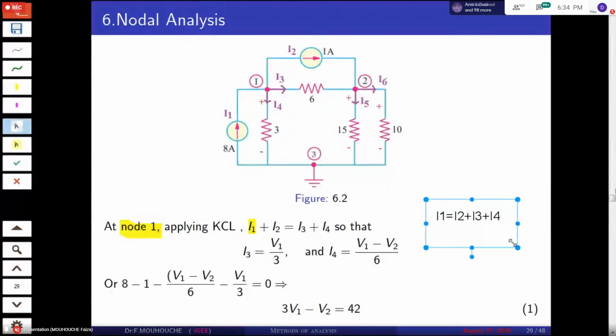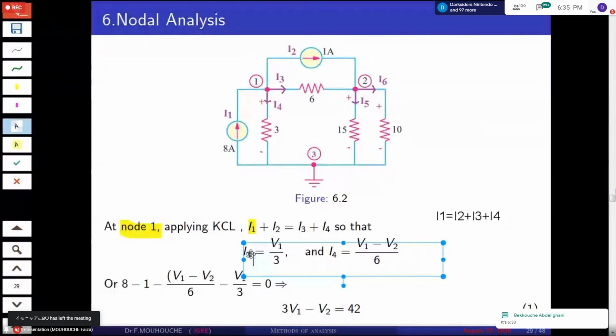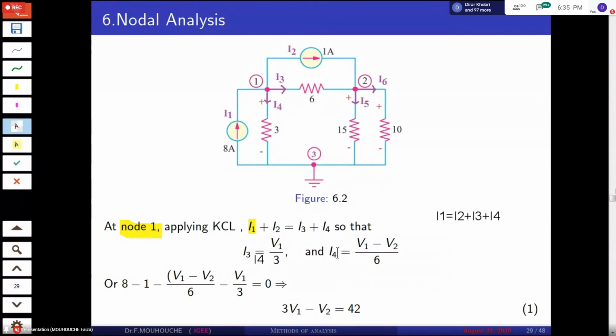Now I1, which is constant, equals 8 amperes. I2 is also constant, equal to 1, and I3 equals V1 minus V2 over 6. I4 equals V1 over 3.